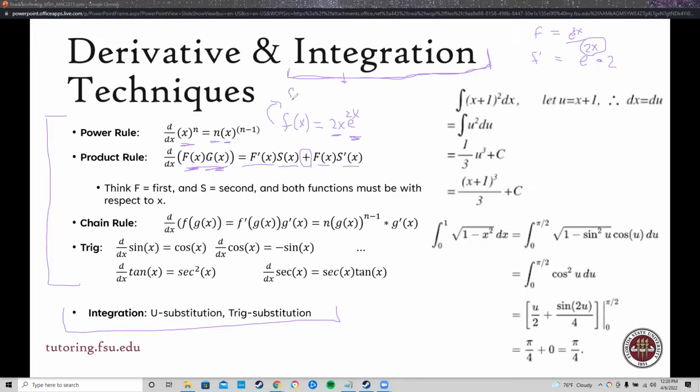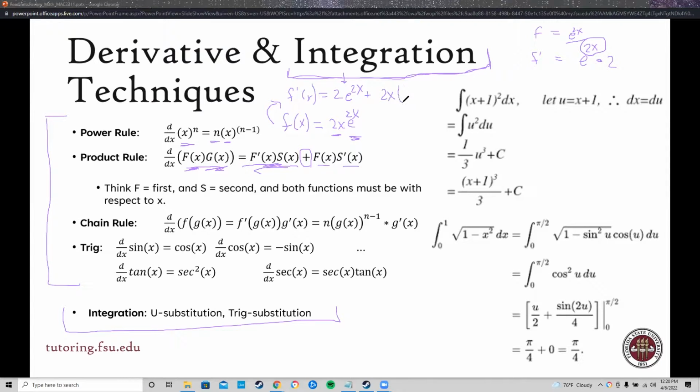What that looks like is if I take the derivative of this function, I'm taking the derivative of the first thing. So 2x is the first thing, and I know the derivative of 2x is just 2. So I have 2e to the 2x for my first thing right here. Plus, I keep the first part the same, so now I have 2x.